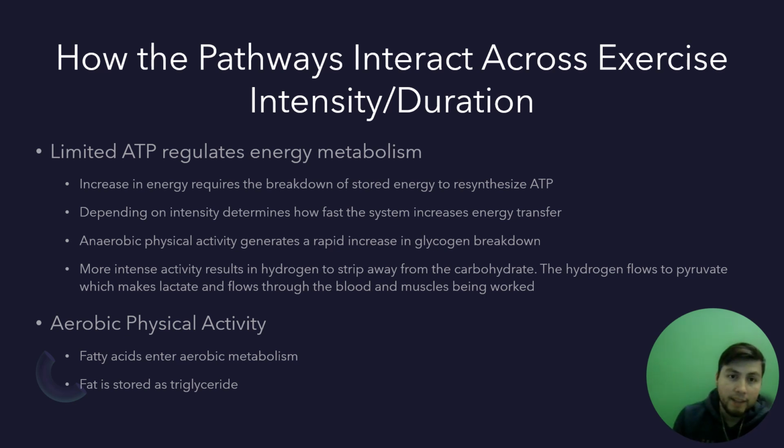So that energy is broken down from the stored energy to resynthesize that ATP, because you're already using as much ATP that is made for the workout. So the body has to go for the stored energy and resynthesize the ATP.